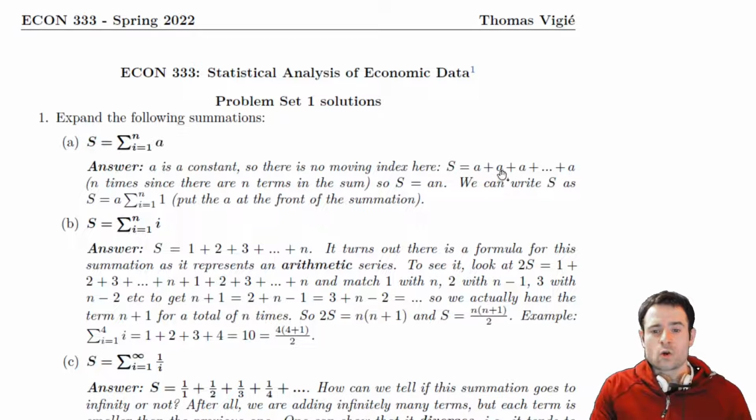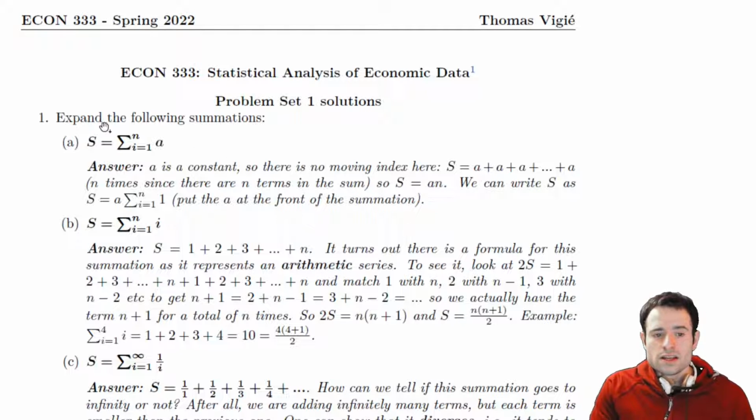The second a corresponds to i equals 2. The third a corresponds to i equals 3, and so on until the last a that corresponds to the case where i is equal to n, the end of the sum. Now you will see that there are n terms a. So you can add all of them up and you will get the result, which is a times n.